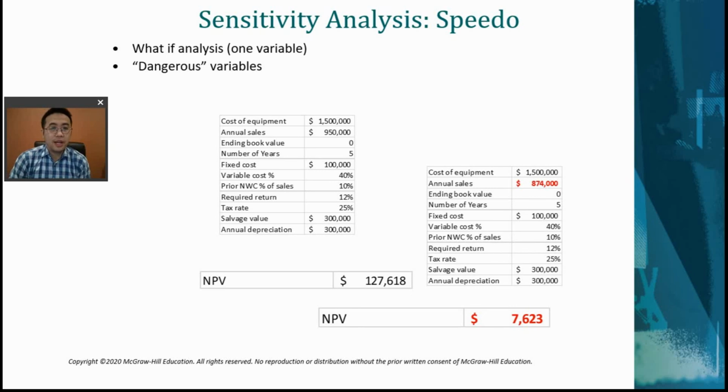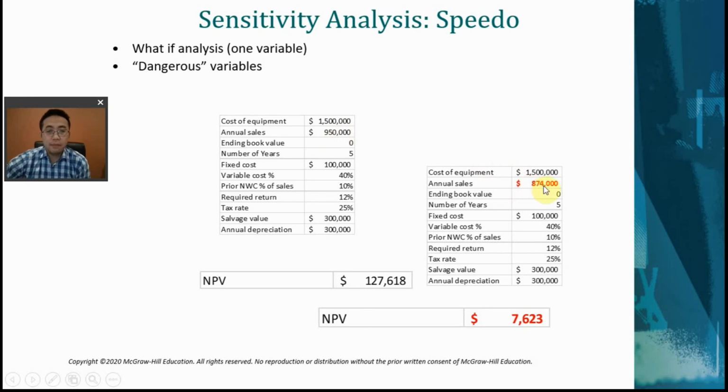We're going to do sensitivity analysis once for each variable. The first step is to define the variable deemed to be influential to your NPV, or the value of the project. Let's say in this case we're looking at sales. Originally the sales was $950,000, and now we want to reduce by 8% or any other percentage.